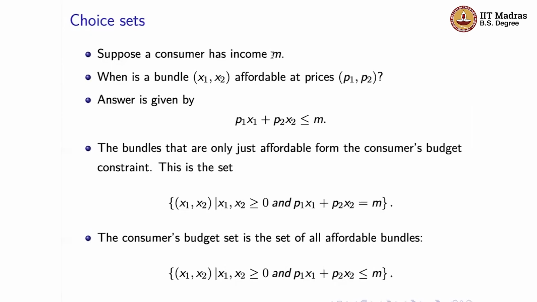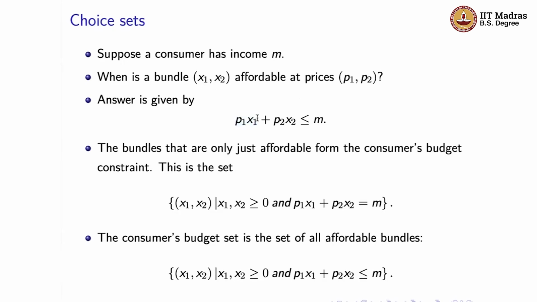If you think a bit about it, the answer is pretty straightforward. The bundle will be affordable if the total amount of money required to purchase X1, X2 is not higher than the consumer's income. So how much money is required? The per unit cost of commodity one is P1, so to purchase X1 units of commodity one, the total amount that has to be spent is P1 X1.